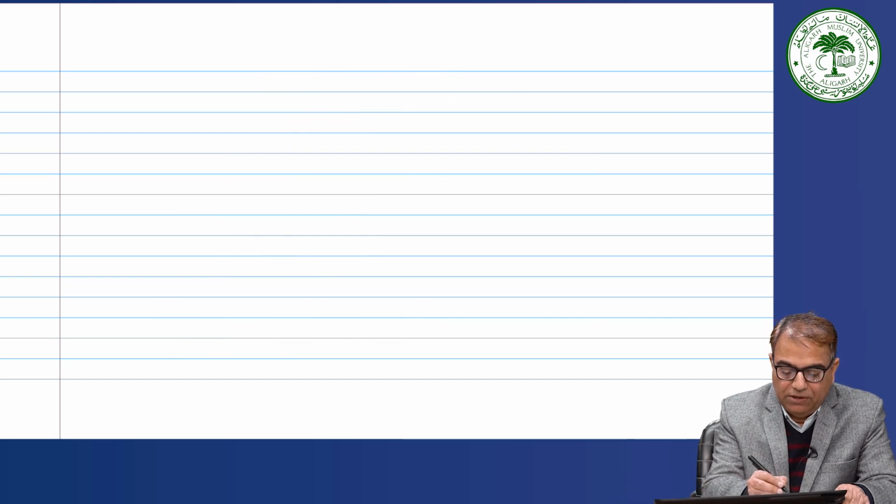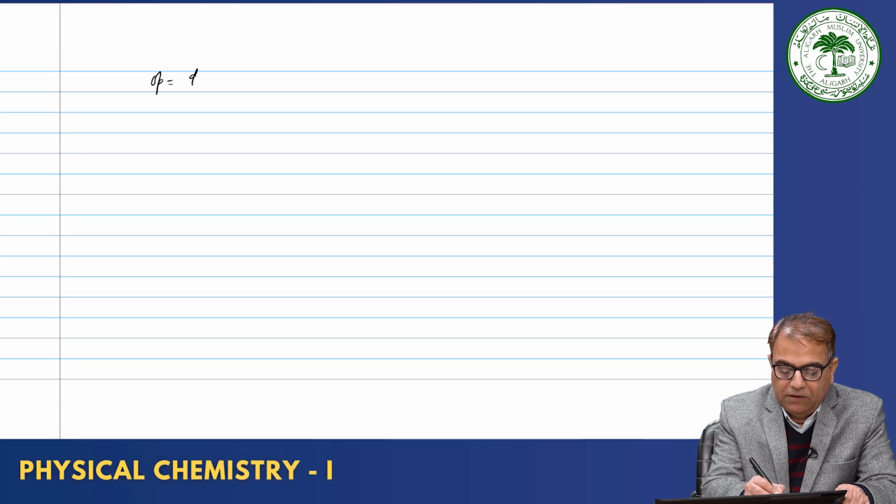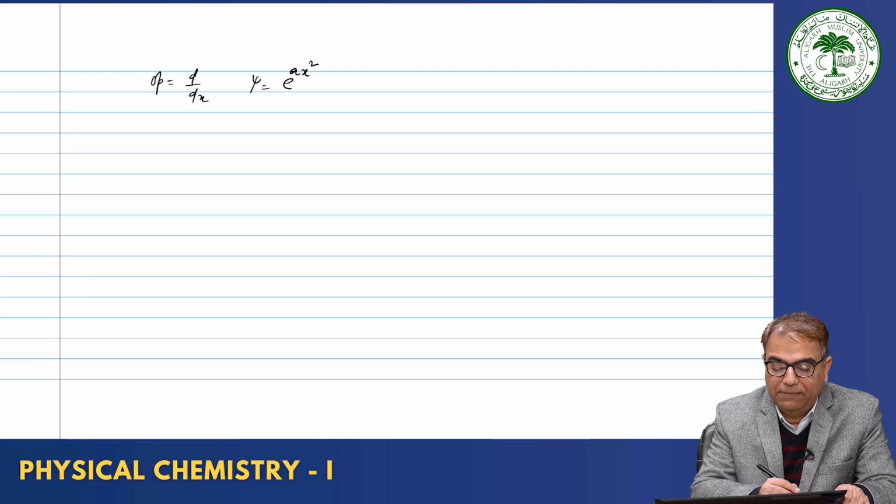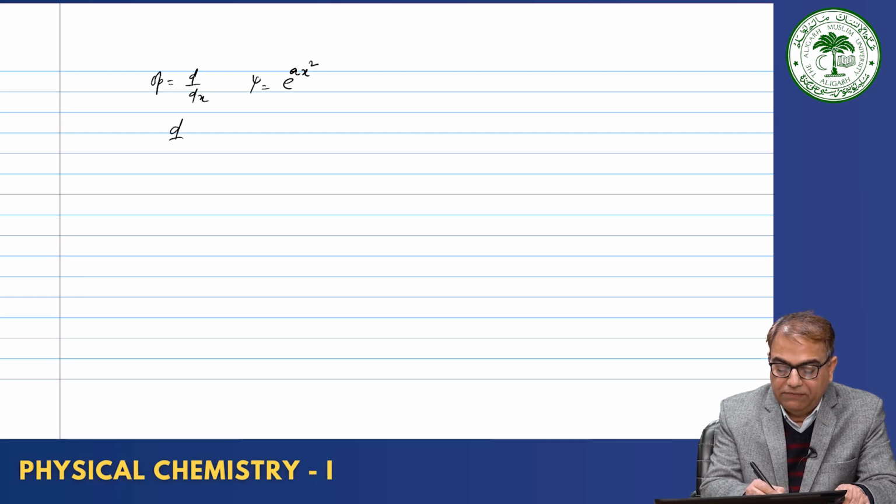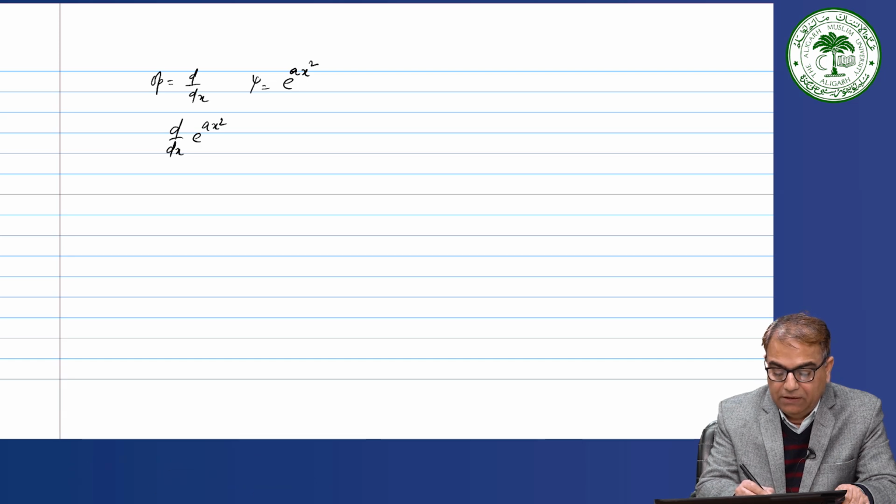So, for example, your operator remains the same, d dx. I am changing the function. The function psi becomes exponential a x square. What will happen now? If you operate with the operator on exponential a x square, then what do you get? You get 2 a x exponential a x square.